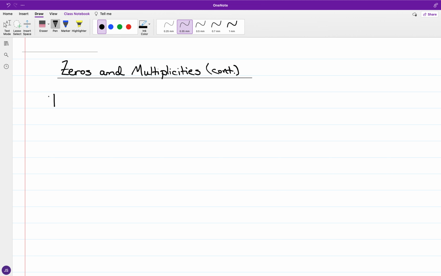We'll take as a case determining f of x in both factored and expanded form.